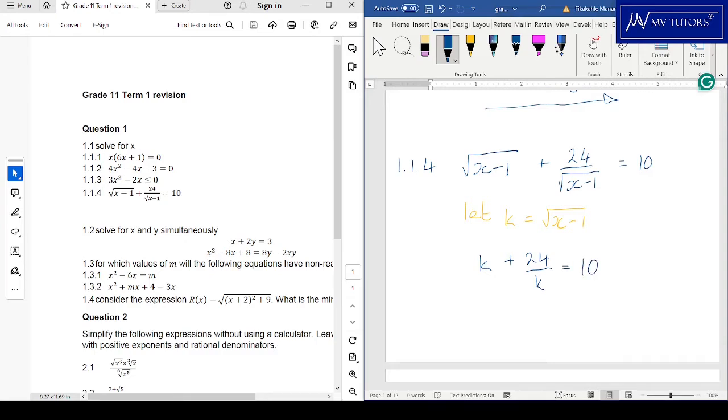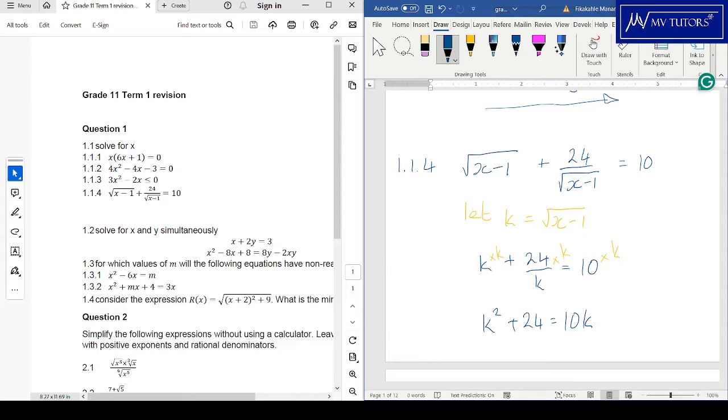Now I need to get rid of this fraction by multiplying with K everywhere, times K, times K, times K. Okay, and then I'll have k times k, which is k squared, and then these k's cancel each other, and then I'm left with just 24, and then this side 10 times k, it's just 10k.